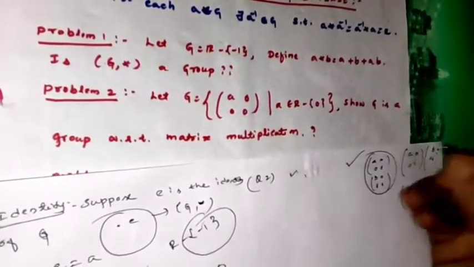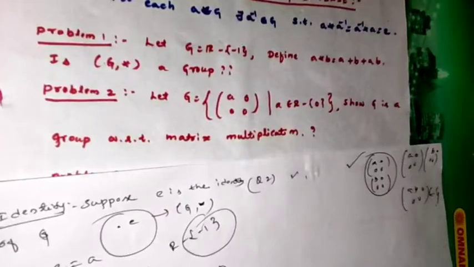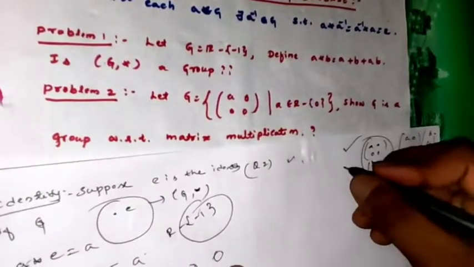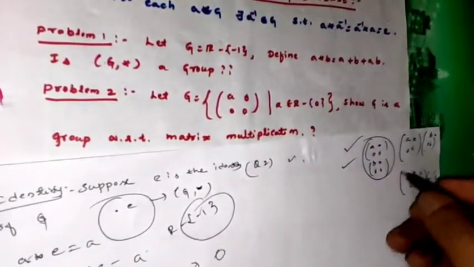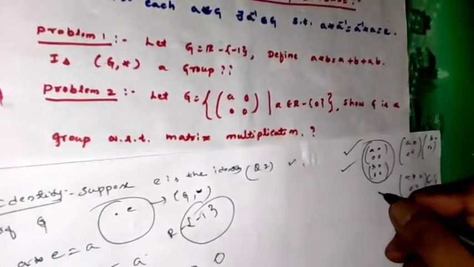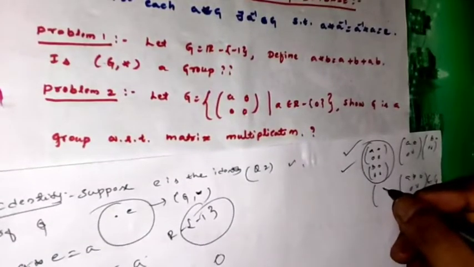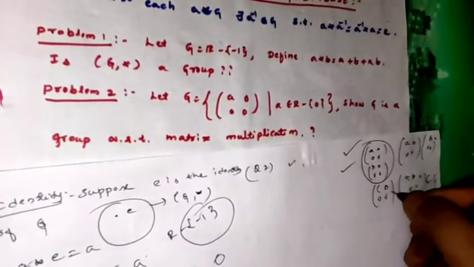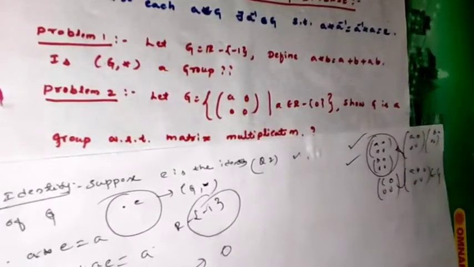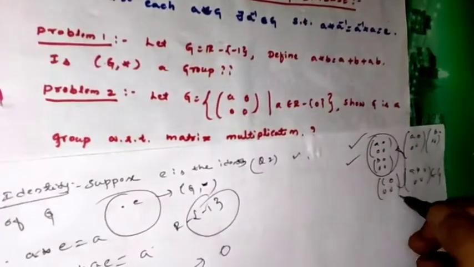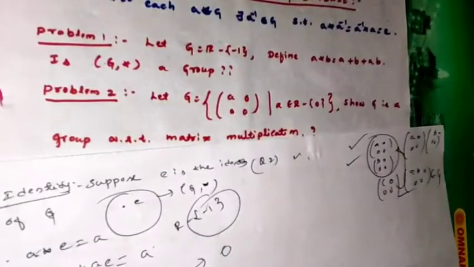That means this satisfies the closure property, and it also satisfies the associative property. We take another matrix like [c 0; 0 0] and apply the property of associativity. This satisfies the associative property also.